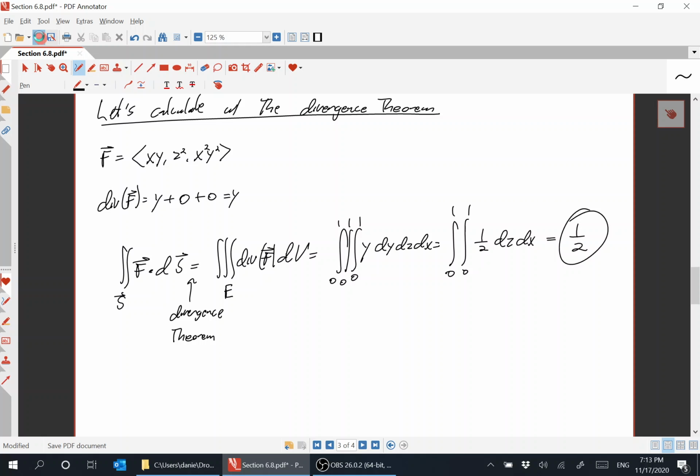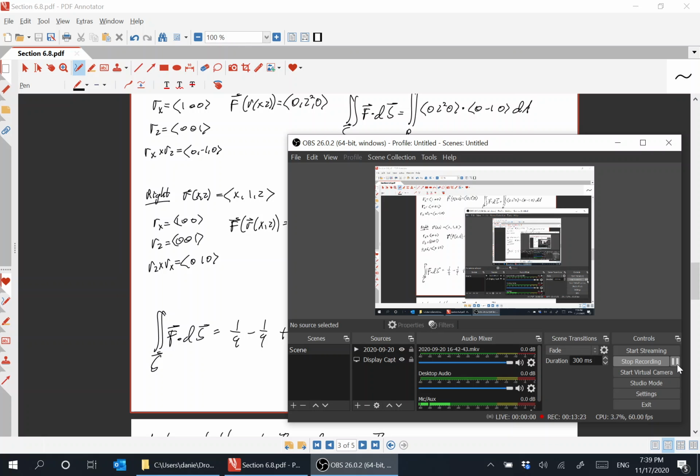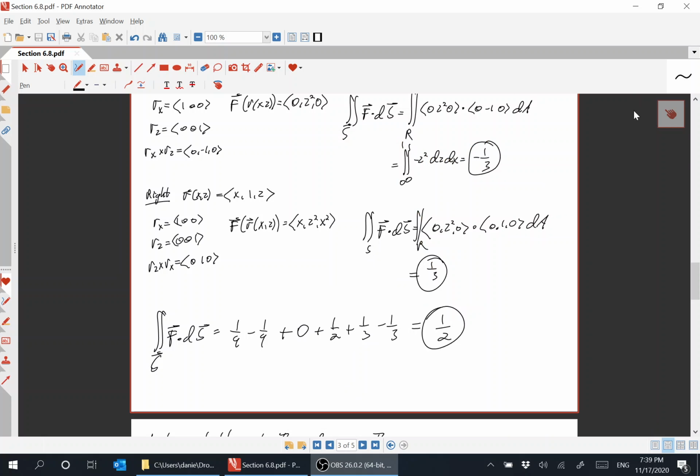Now what I'm going to do here, I'm going to pause the video, and I'm going to fill out that whole calculation without using the divergence theorem, calculating the surface integral on all 6 faces. Okay.